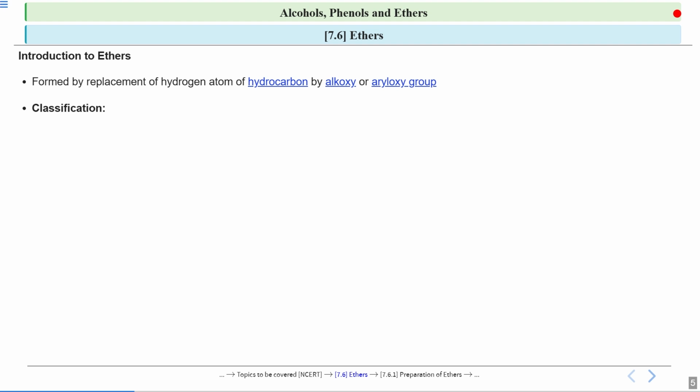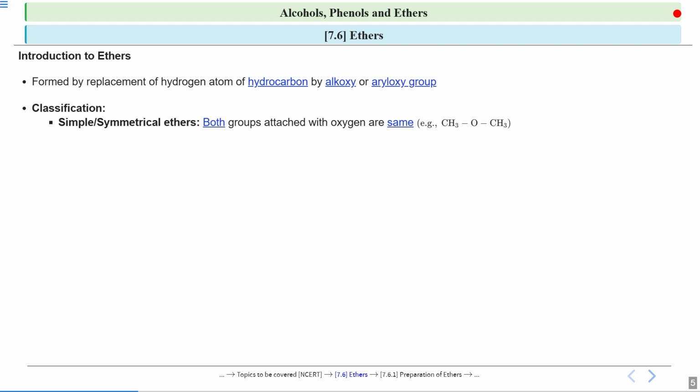So if we do the classification of ethers, then it can be classified into two: symmetrical ethers and unsymmetrical ethers. First let us see what are symmetrical ethers. The symmetrical ethers are also called simple ethers.